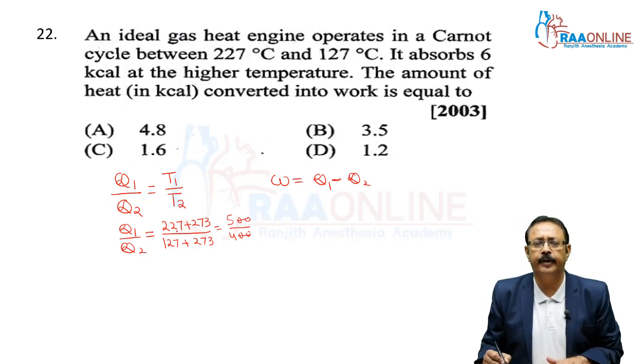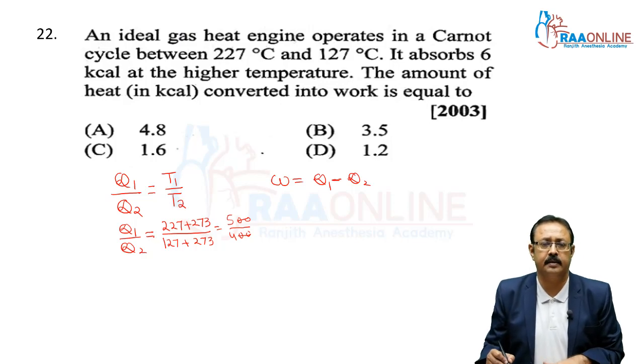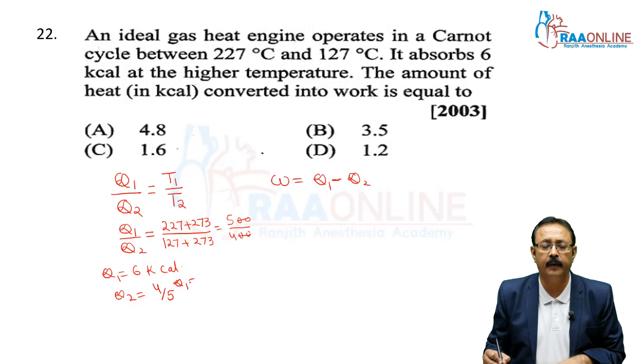The amount of heat absorbed is 6 kilocalories, which means Q1 is given, 6 kilocalorie. In which unit you put Q1, you will get Q2. So if Q1 is this, we know that Q2 is equal to 4 upon 5 of Q1.